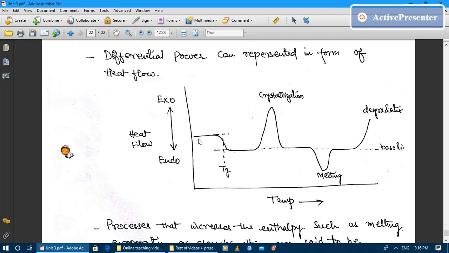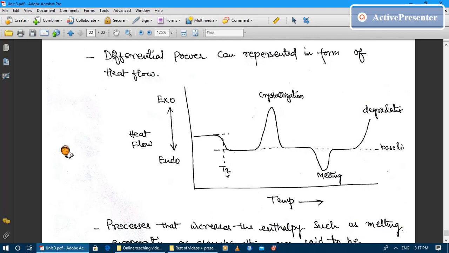When you heat the polymer, which is below the glass transition temperature somewhere here, and it reaches the glass transition temperature of the polymer, this event is endothermic, because at the glass transition temperature polymer chains will absorb heat energy and undergo segmental mobility.